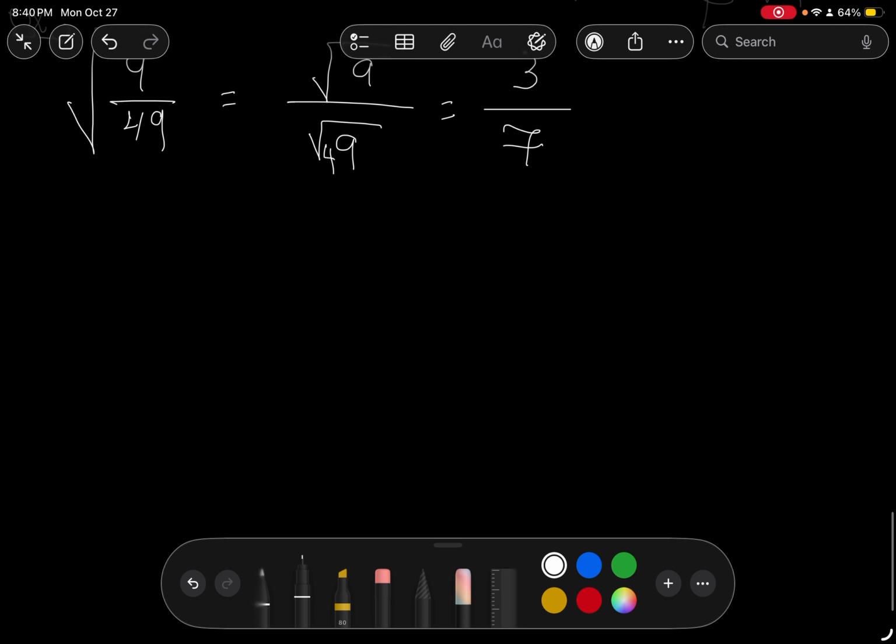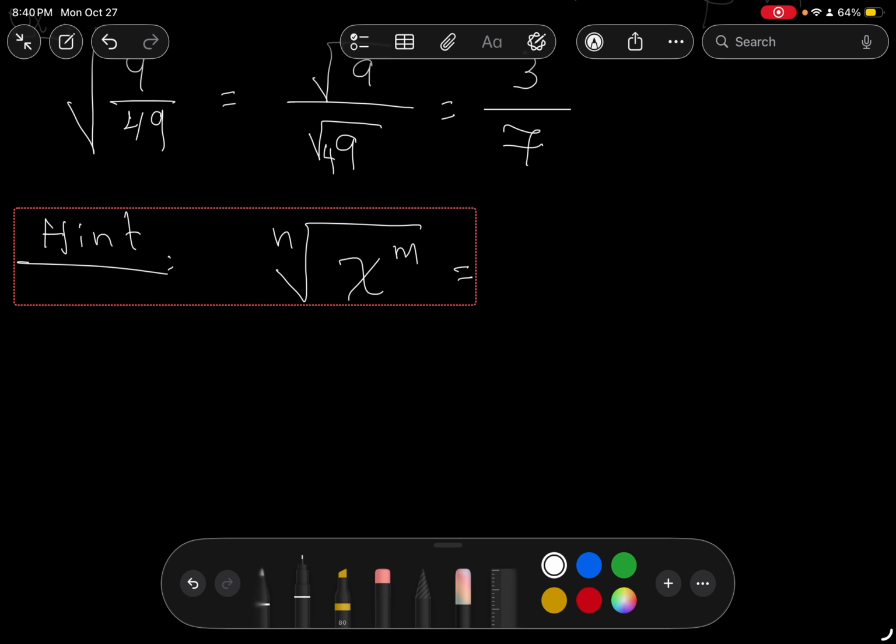So we have the relationship between radical and rational exponent. Look at this hint. It is so important, please. You should get it well. X to the nth power under radical n. This hint is so crucial.